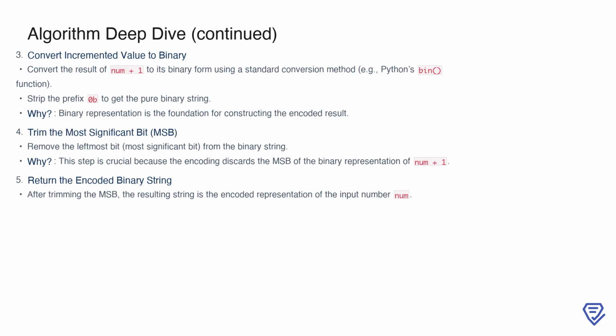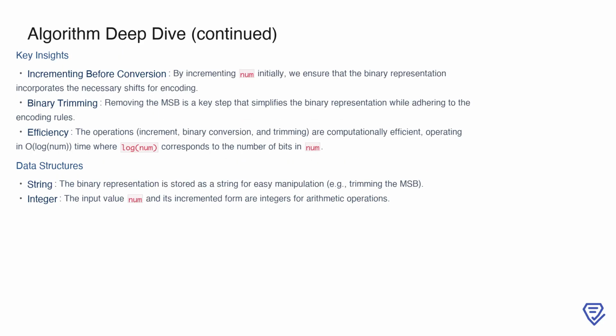The key insights in this algorithm revolve around why these steps are effective. Incrementing the number before binary conversion ensures that the binary representation shifts appropriately for encoding. This avoids unnecessary complexity in the encoding logic. Trimming the most significant bit is another crucial step. It simplifies the binary string and directly corresponds to the encoding rules specified in the problem.